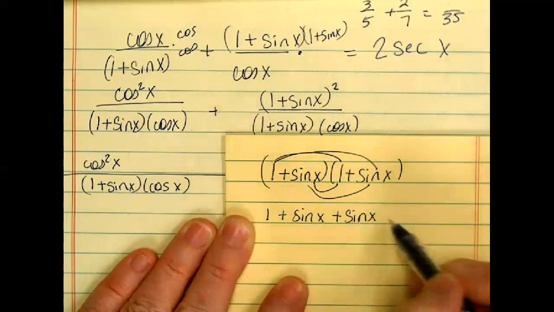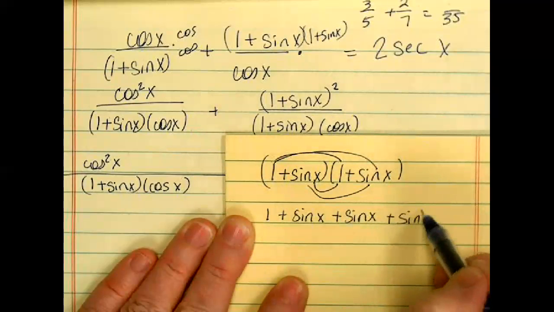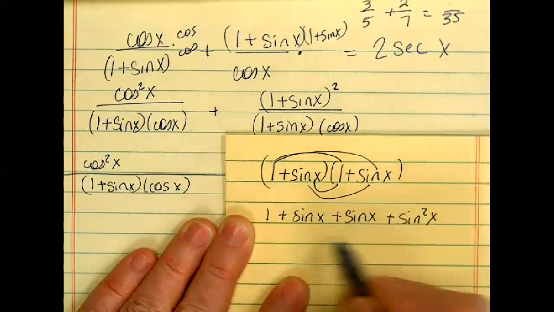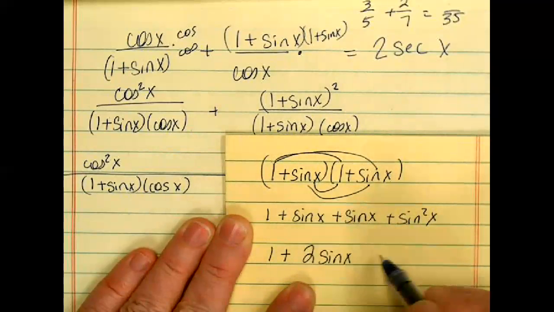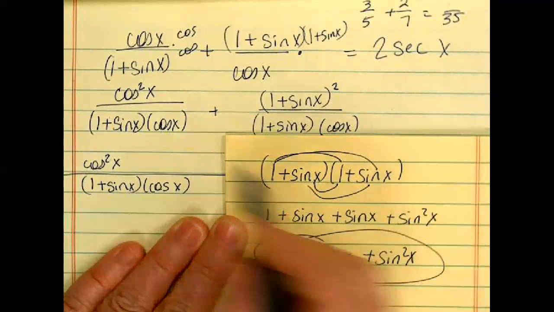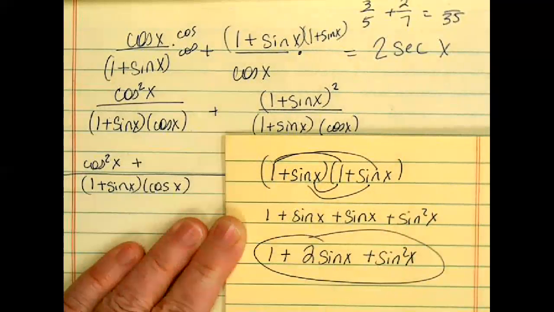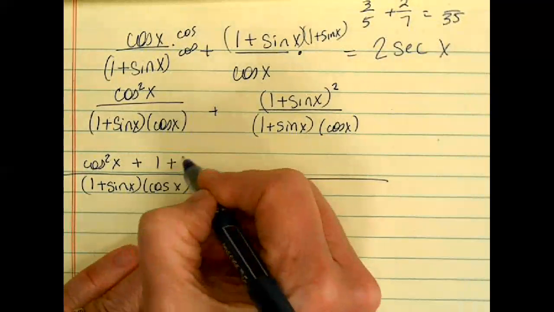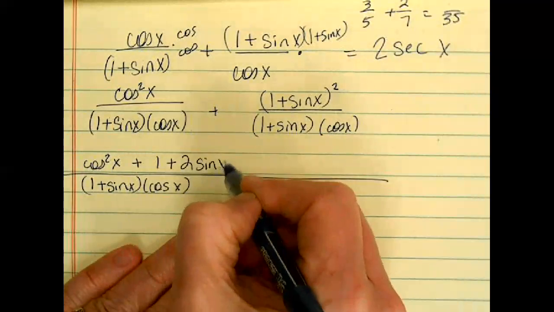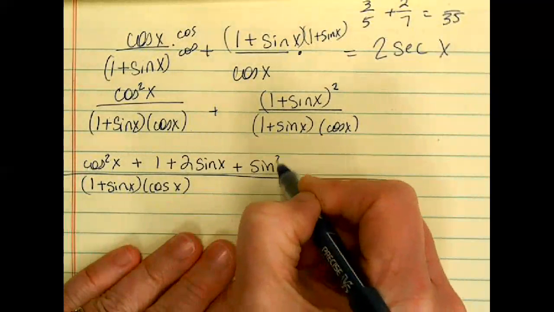And then the last one is sine squared x. And y'all know when you put the middle terms together, it's 1 plus 2 sine x plus sine squared x. So that's going right here beside this. 1 plus 2 sine x plus sine squared x.